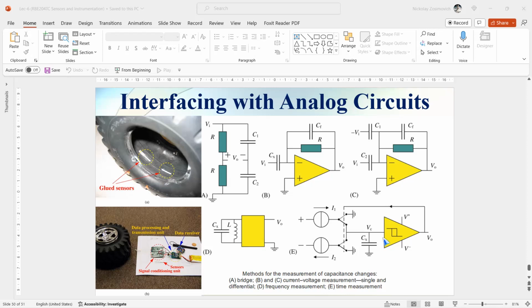The interface is based on an oscillator, like we see in figure D, this one. But instead of the LC oscillator, an RC oscillator is chosen. Wireless readout allows strain measurement during rotation of the wheel with the tire.